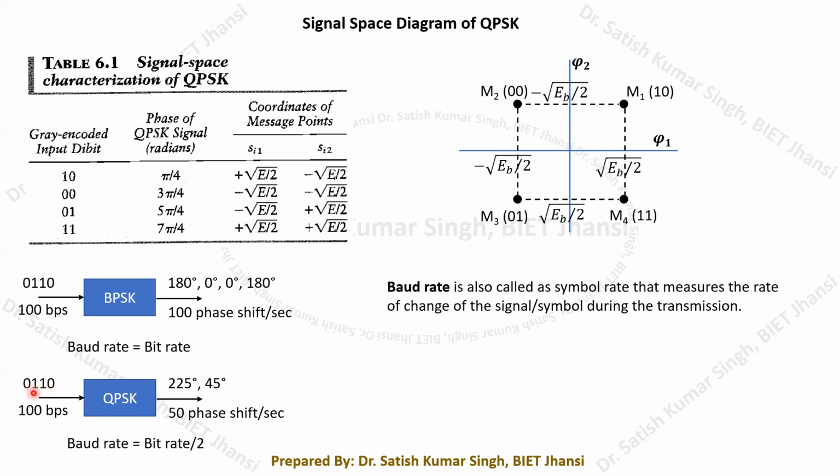Corresponding to 0-1, here we can see that this phase change should be 5 pi by 4. That 5 pi by 4 comes out to 225 degrees. So it is coming out as 225 degrees, or you can write in radians as 5 pi by 4.